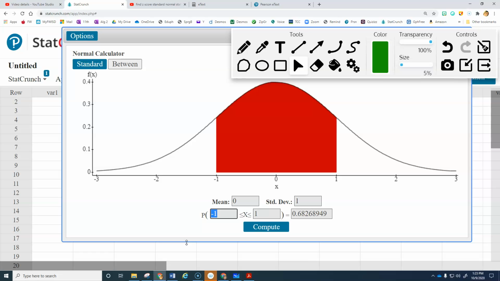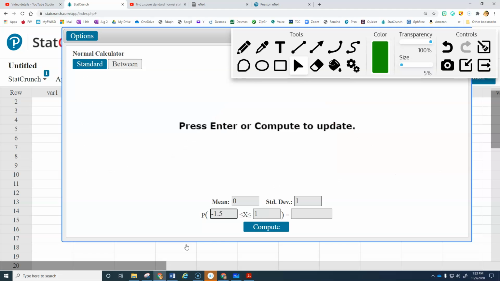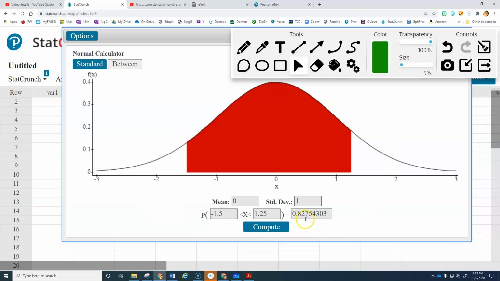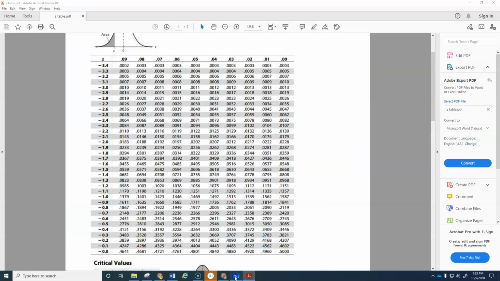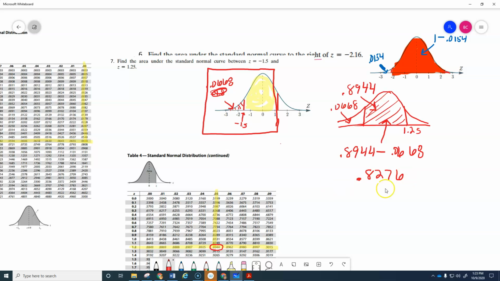This one is negative 1.5, and this one was positive 1.25. Then we compute it, and it shows us that it's 0.8275. And what we did was 0.8276. So there's an example of a round-off error.